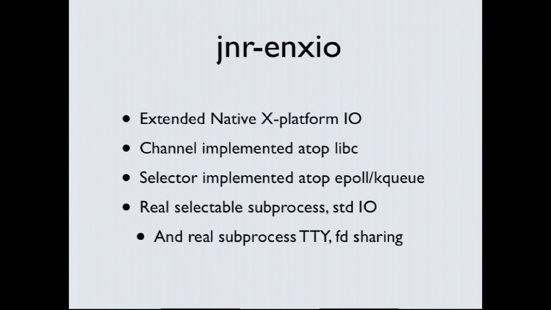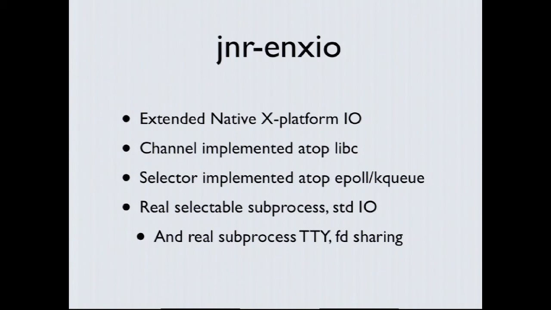Okay, so going on to one of my more favorite projects here, jnr-enxio. So this is like NIO, but it's extended. It's extended native cross-platform I/O. It's even better than NIO, better than NIO2. This is essentially an implementation of NIO channels, selectors, etc., that is built on top of jnr-ffi. So it's using the actual POSIX file operations.